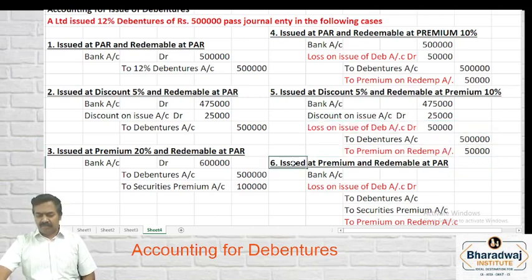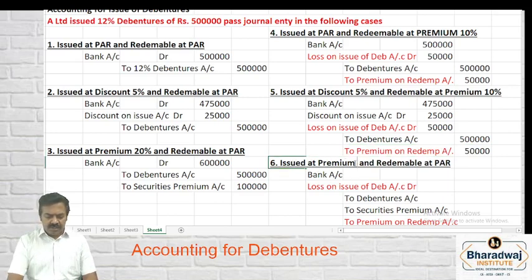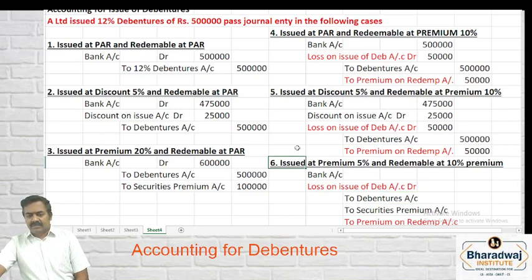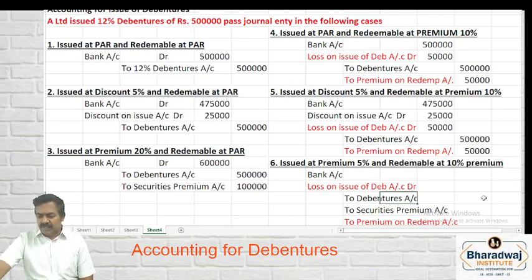Let's assume it is issued at 5% premium and redeemable at 10% premium. What entry will we pass? To debentures account, 5 lakhs.